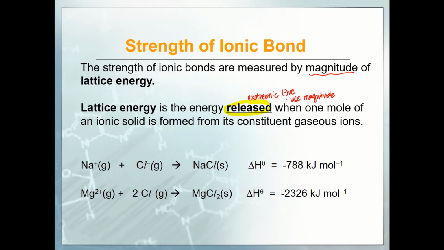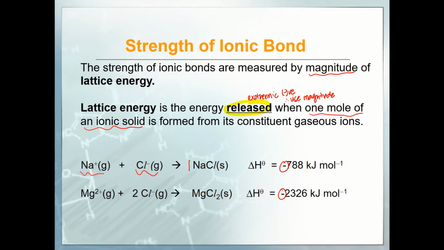Going back to the definition, 1 mole of sodium chloride solid is formed from its gaseous constituent ions, that is Na+ gaseous and Cl- gaseous. This is the definition of lattice energy, and in this case lattice energy is always negative.